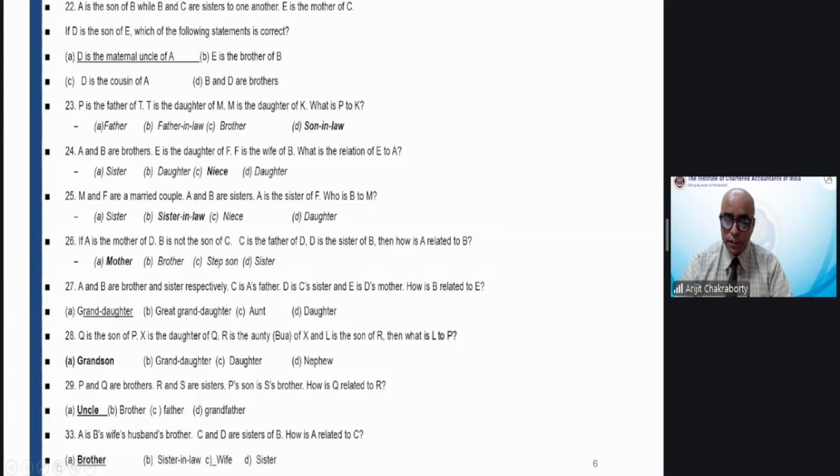So we can easily understand that A and B are brothers, C and D are sisters, and they are siblings. They belong to the same generation. So therefore, what is the relation of A and C? The answer is A is the brother of C. C का भाई है A.